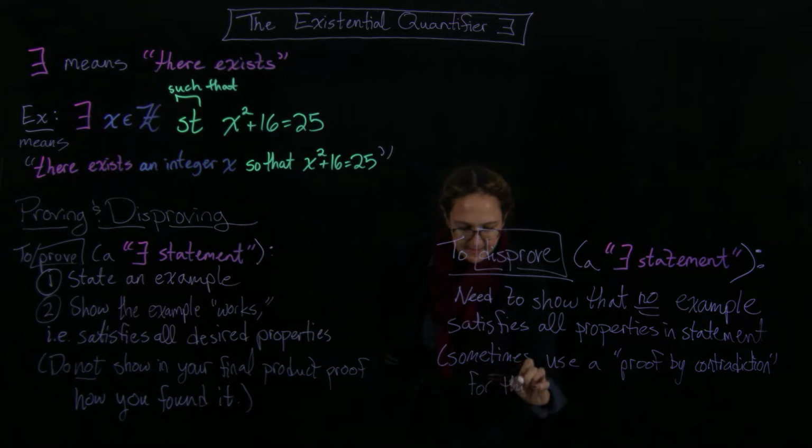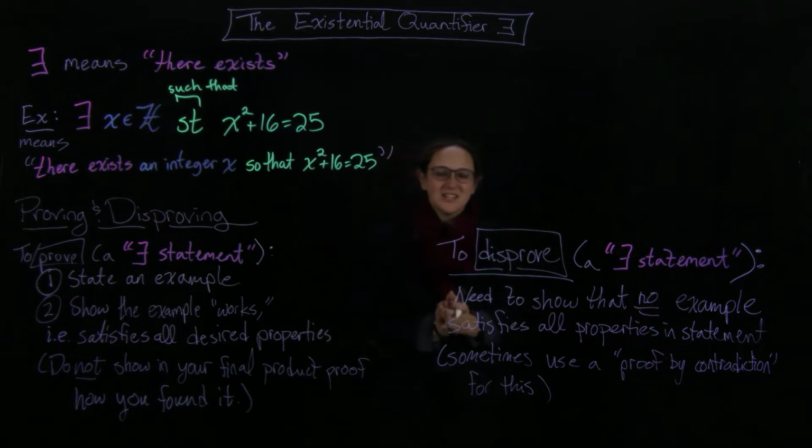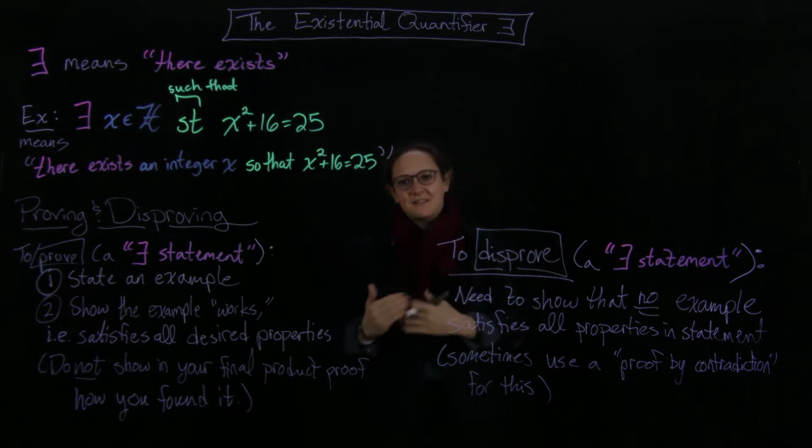It's a style of proof where you suppose for the sake of contradiction that you have this, and then dot, dot, dot.